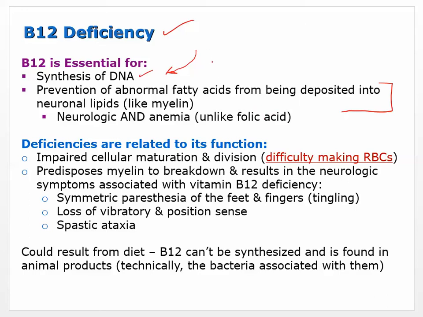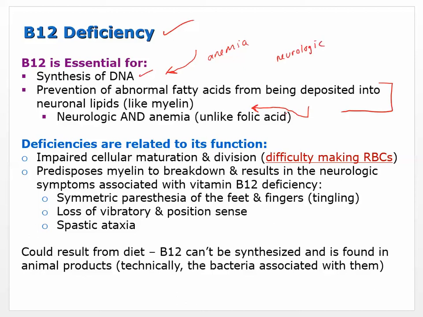So now, synthesis of DNA, we can say, oh, that makes sense. That's anemia because you can't make red blood cells as fast. However, you also have, ultimately destruction, but initially lack of function, lower function of neurons. So you have neurological symptoms too.